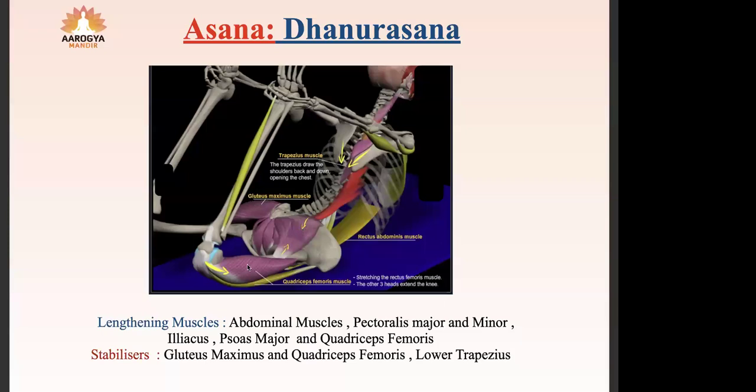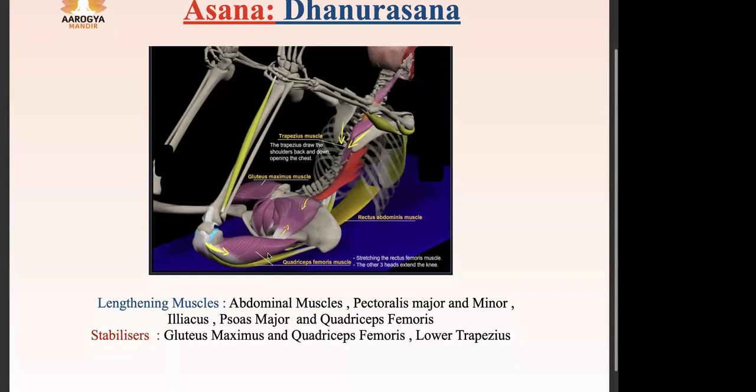At the same time, the quadriceps group of muscles are stabilizing, but the rectus you are seeing here is getting stretched. So you know quadriceps is a group of four muscles. One muscle is getting a stretch, but the other three are stabilizing the posture. See, not the entire quadriceps is stretching. Only one of the quadriceps muscles is stretching. The other three muscles of the quadriceps are stabilizing the posture. So you can clearly understand.